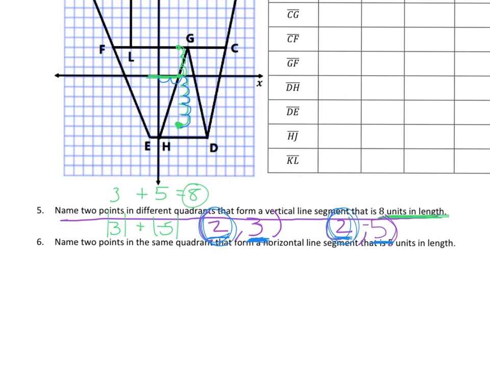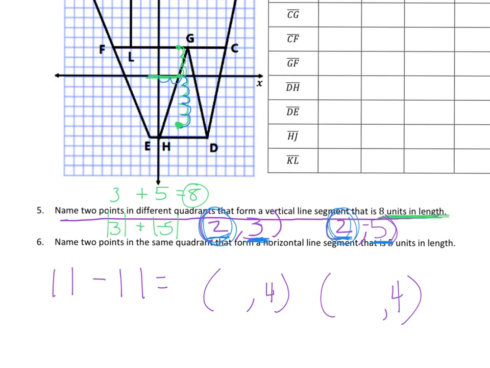So if they form a horizontal line, it means that the y's are going to be the same. So I'm going to pick something for my y, just a random number. So 4 in the y. Now I need to be in the same quadrant, meaning when I do my absolute values, I'm going to subtract them.